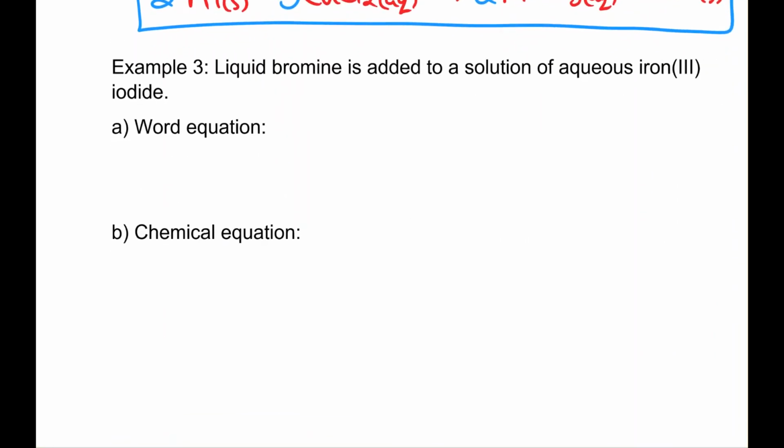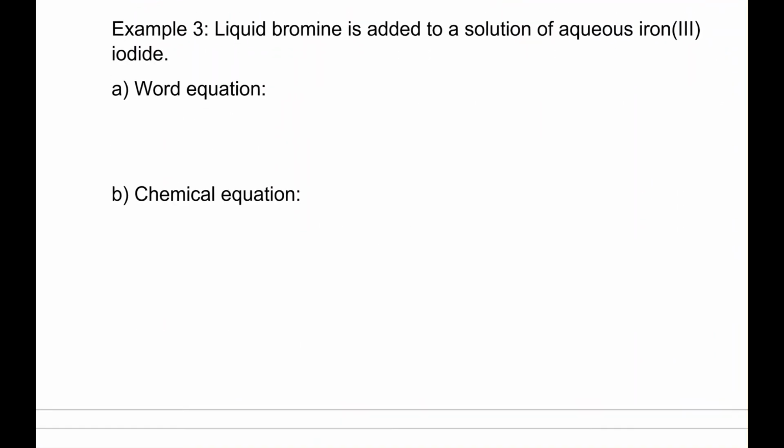Last one, we'll just try and do this really quickly. Liquid bromine is added to a solution of aqueous iron 3 iodide. No problem. Let's do this. Bromine plus iron 3 iodide. So the bromine, is that a positive or a negative?